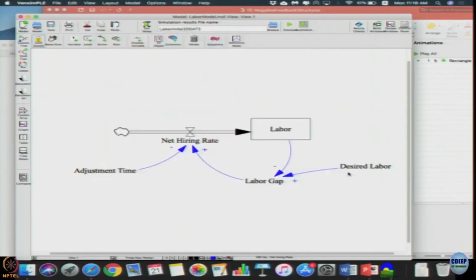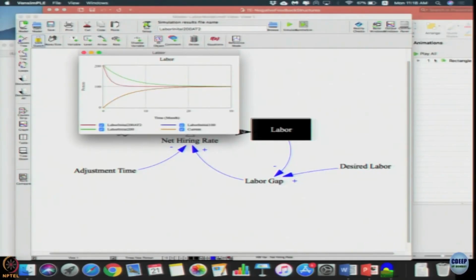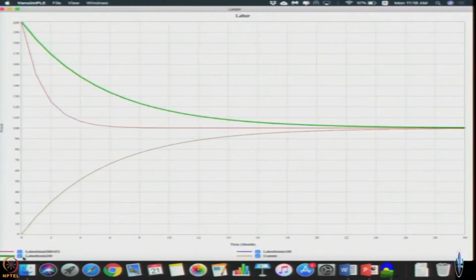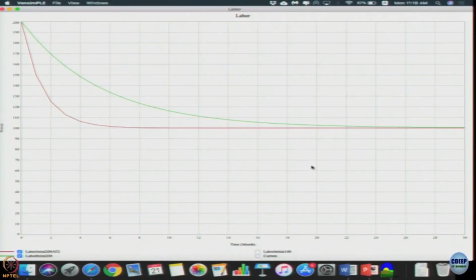click save, go to labor graph. I am going to remove some of these lines. I just removed these two lines.